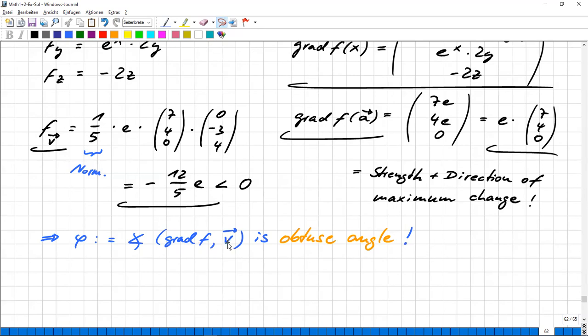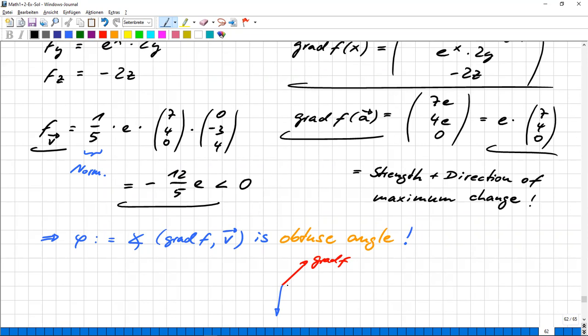Because if it were, roughly speaking, directed in gradient direction, we would surely have a positive result for the increase. Yeah, you can imagine easily. So if this would be the gradient of f, and then my v vector would be, for example, sort of like this, it's quite obvious that it has a negative component in direction of the gradient.